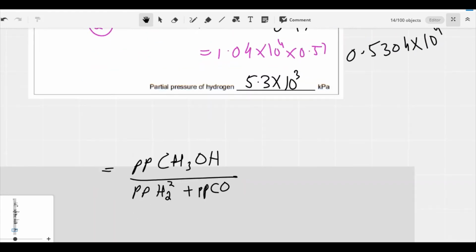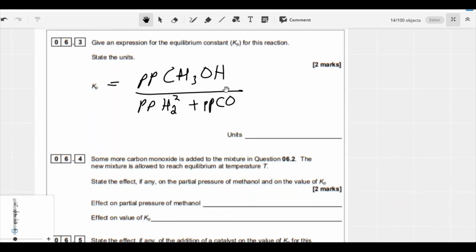Now let's suppose the pressure unit is Pascal, or kPa. Here in total you can see Pascal to the power 3 on the denominator, and in the numerator there is only power 1.